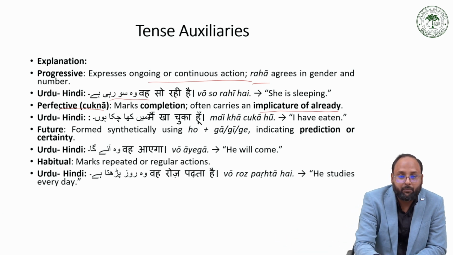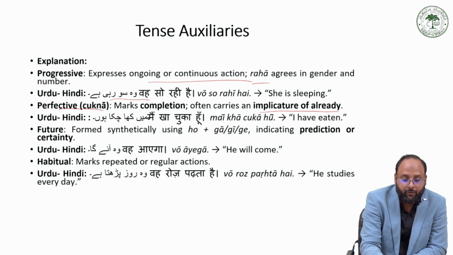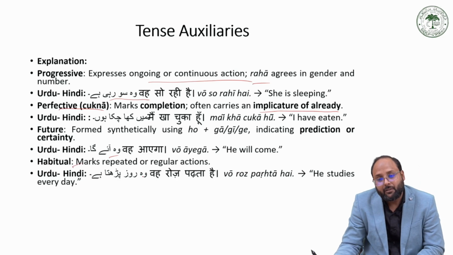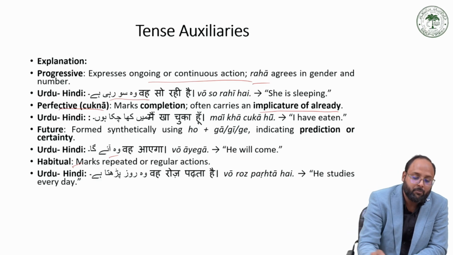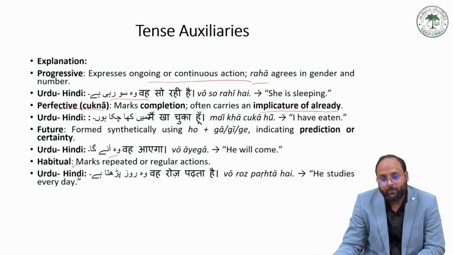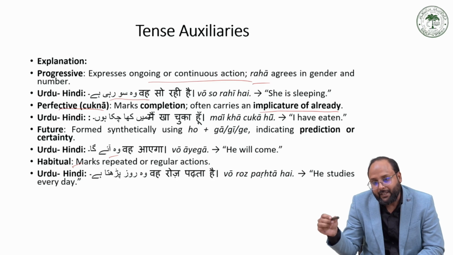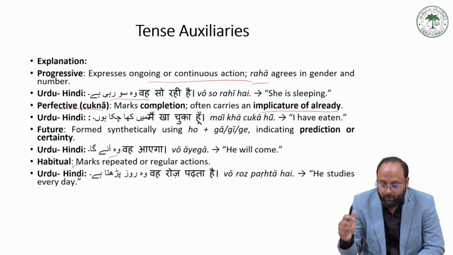So like example मैं खा चुका हूँ. For future वो आएगा. For habitual वो रोज पढ़ता है. वो रोज खाता है, वो रोज नहाता है. This kind of example is used for the habitual aspect. So it is actually created by the use of auxiliaries.